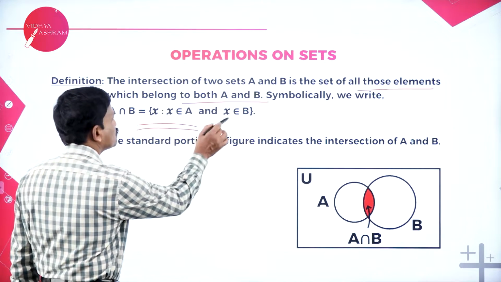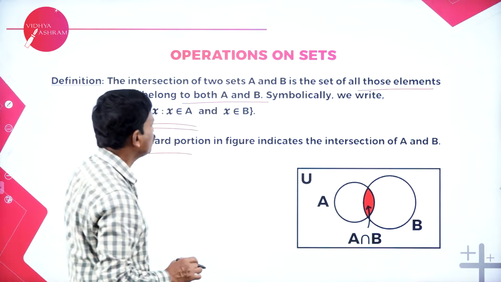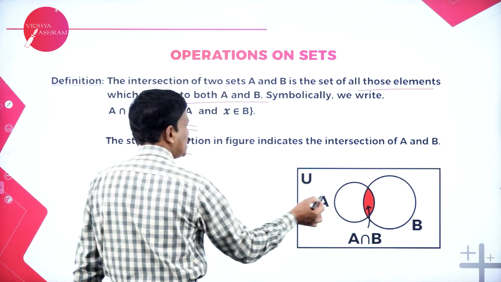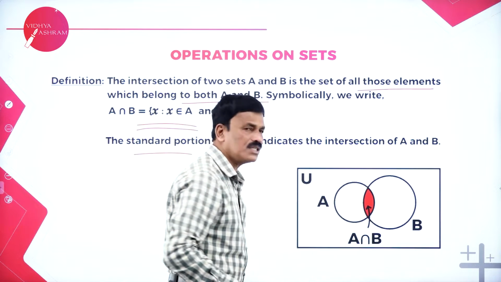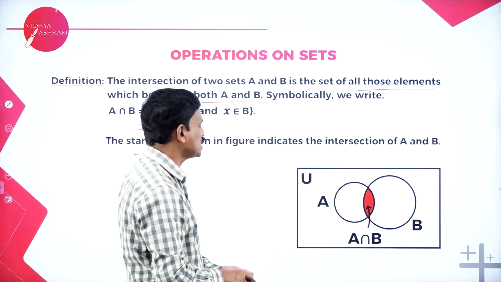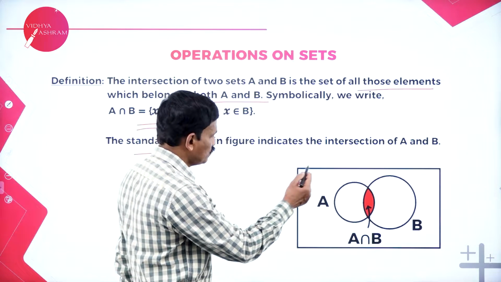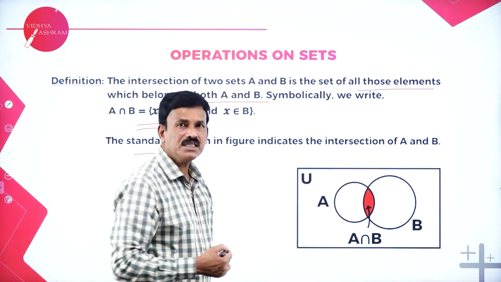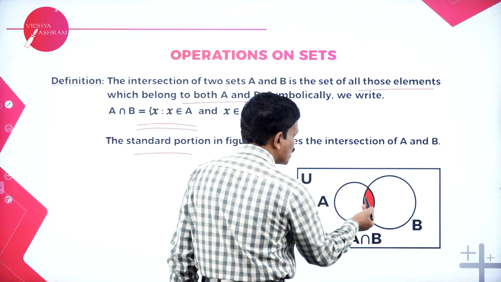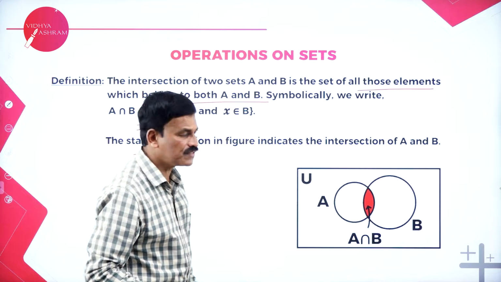Both elements belong to A and B. Now, the shaded portion of the figure indicates the intersection of the two sets A and B. This is the Venn diagram for representing the intersection of two sets. This common region, the shaded region, will give the intersection of the two sets.